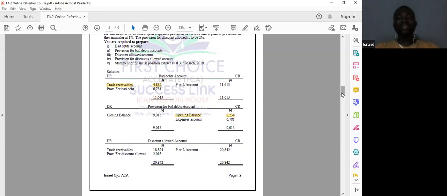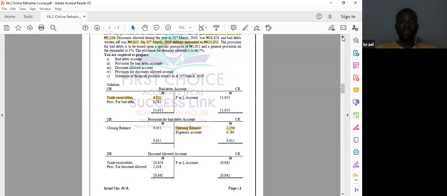Now, like I said, we need to look at the closing balance against the opening balance. They told us here that the specific provision for bad debt is 5,052, and a general provision on the remainder at 1%.